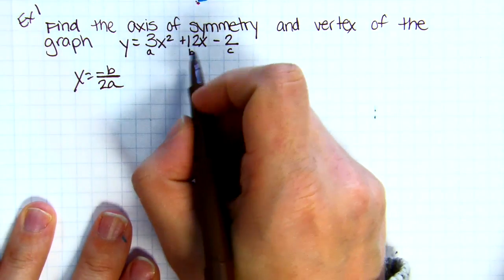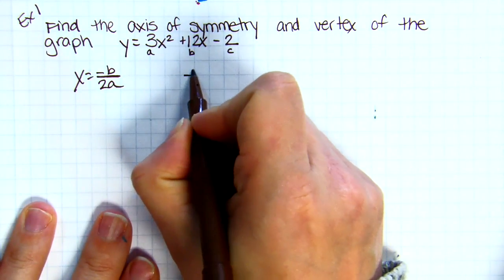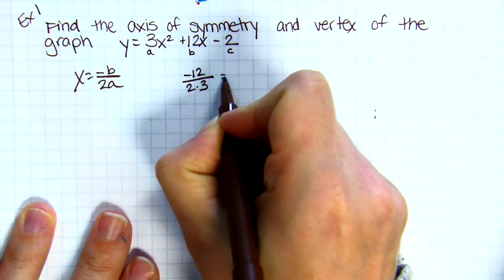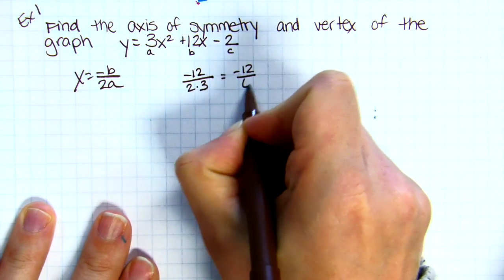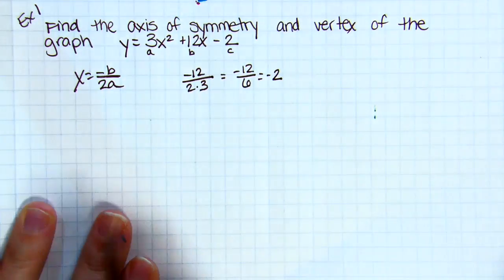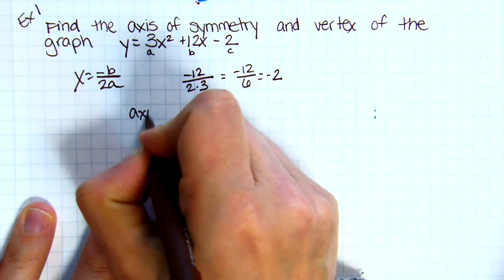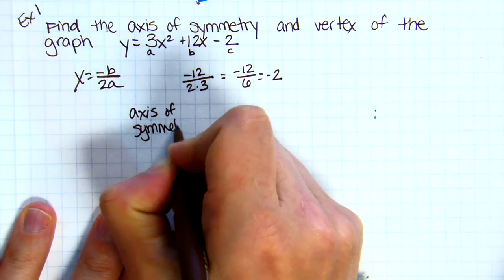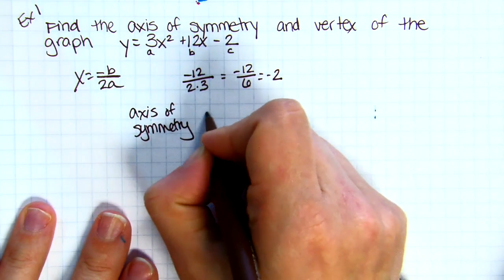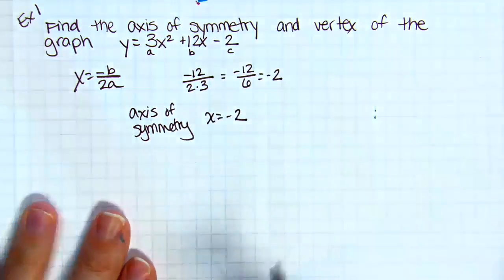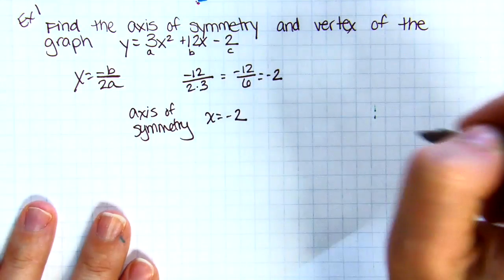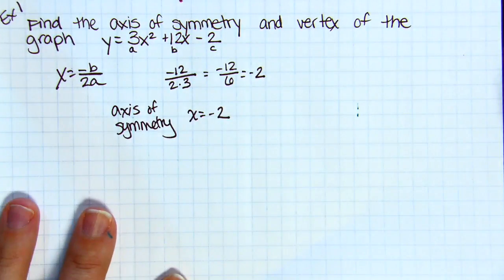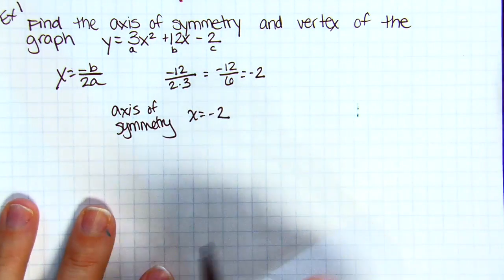So we will put in negative 12 over 2 times 3, and we get negative 12 over 6, which is negative 2. So the axis of symmetry is x equals negative 2. So that just means we have a vertical line going through negative 2.